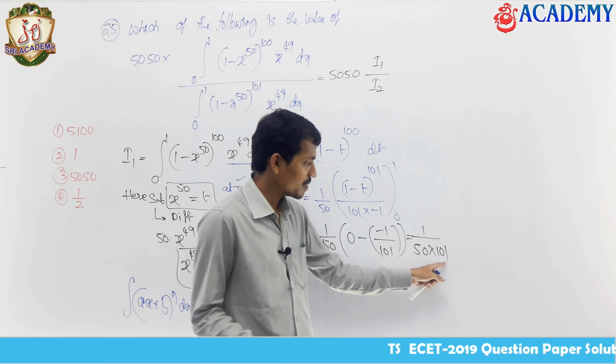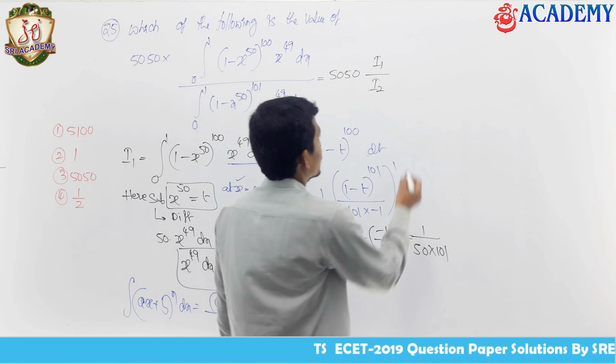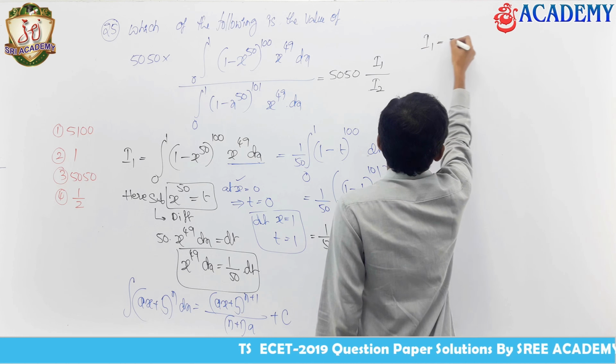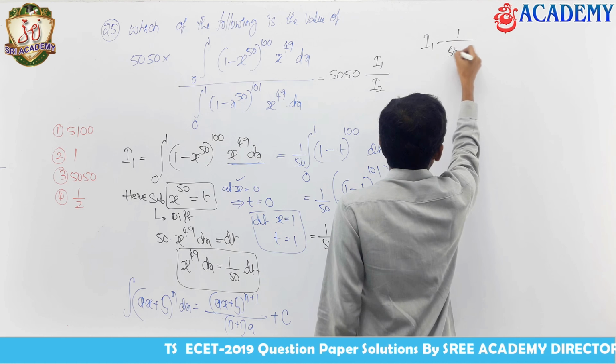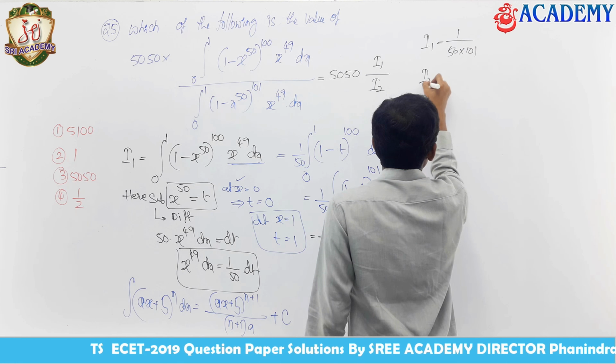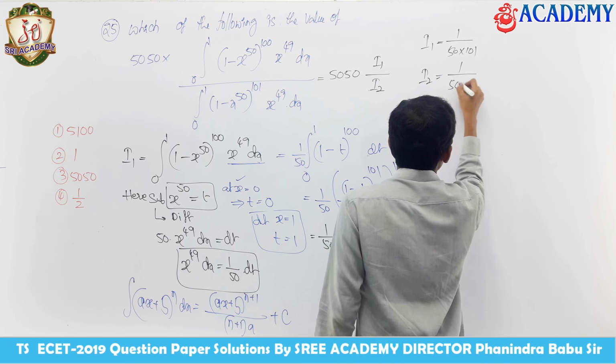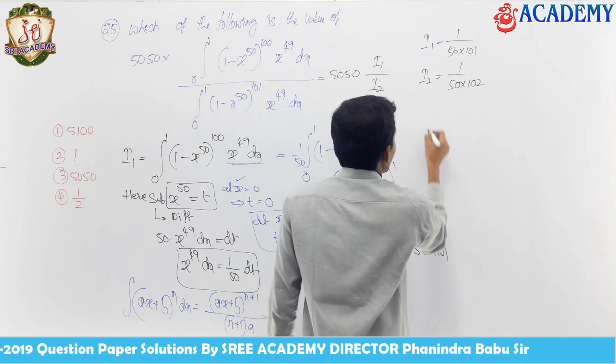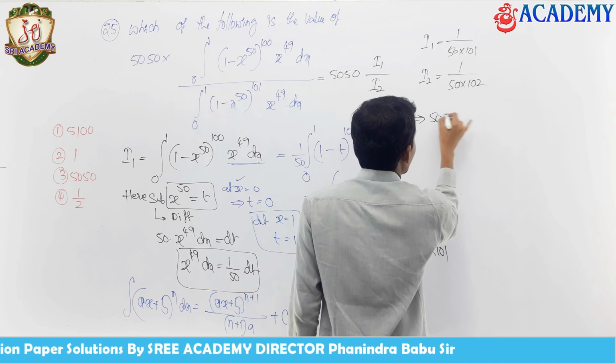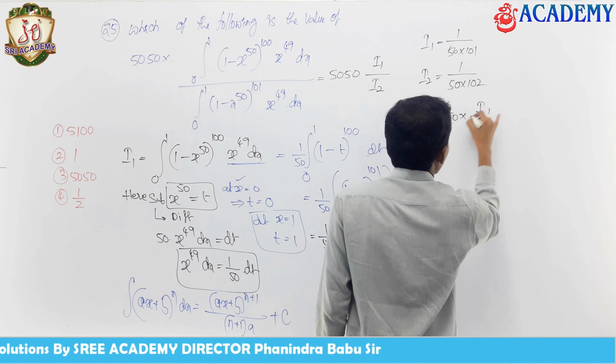You will get in place of 101, 102. That is I1 equal to 1 by 50 into 101. I2 equal to 1 by 50 into 102. The answer is 50 into 50 into I1 by I2.